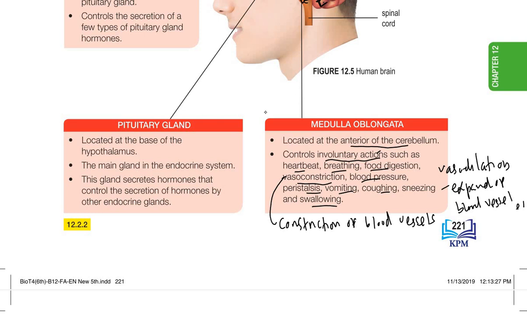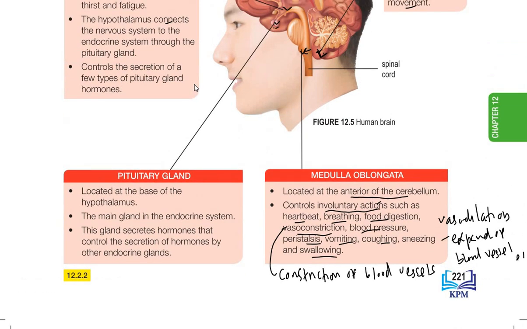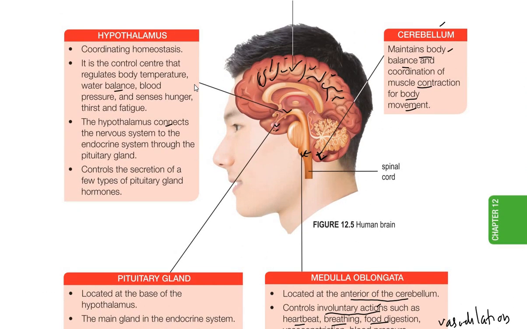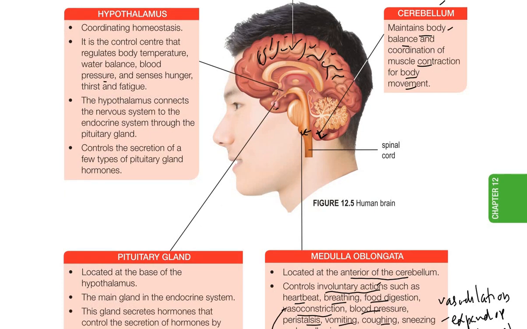Okay, next move on to the next structure, that is the hypothalamus. The hypothalamus is involved in coordinating homeostasis. You may still remember homeostasis, which I think we learned before in Form 2. It is the control center that regulates body temperature, water balance, blood pressure, and senses hunger, thirst, and fatigue.